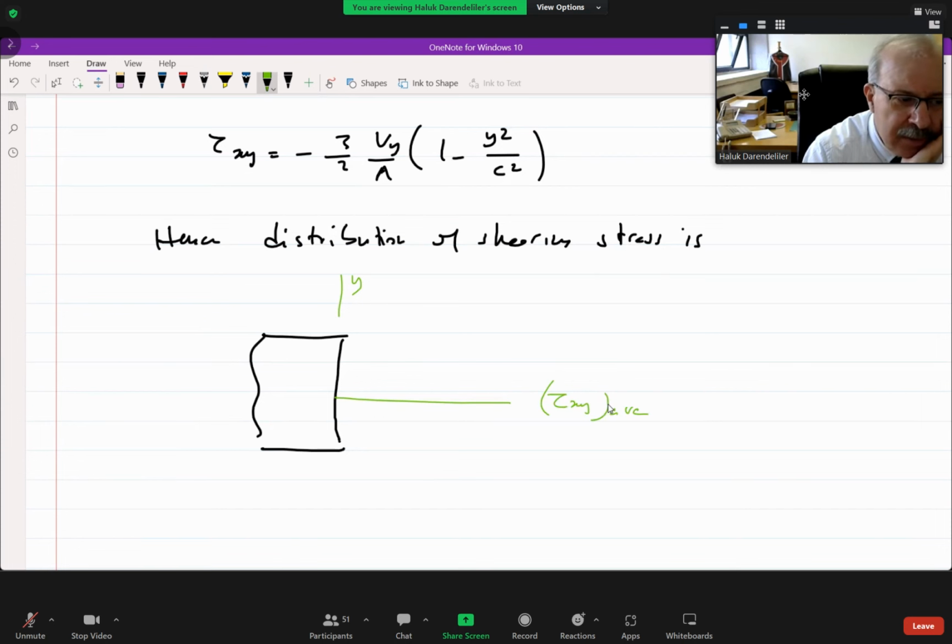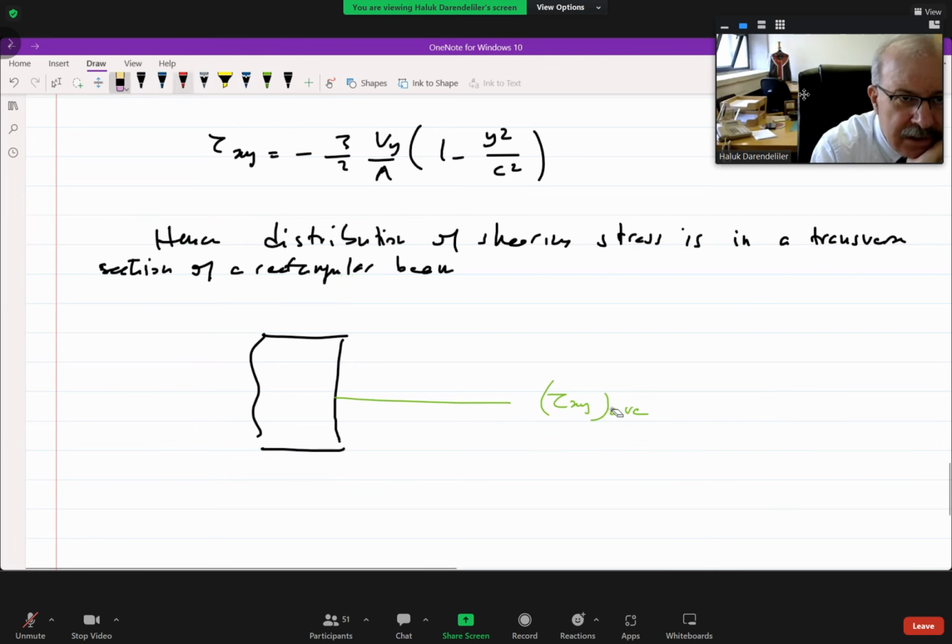If you look at the above figure, this stress distribution in a transverse section of a rectangular beam, which is this one, right?